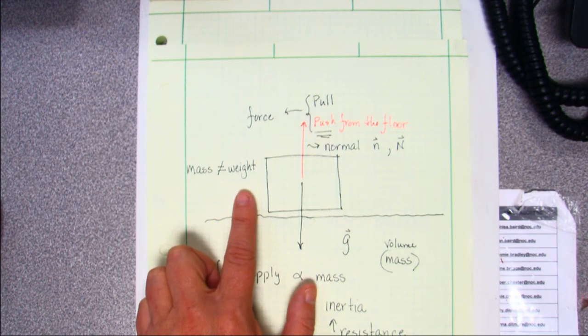Because if I weigh something in chemistry class, I'm weighing it in kilograms and grams, and I'm telling you that's the mass. It is.